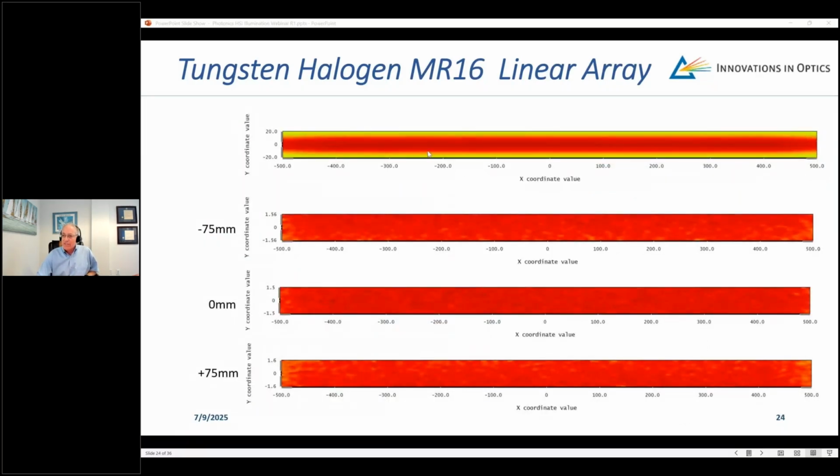The array of tungsten halogen lamps gives a nice, relatively uniform output, and you can see it works very well over this depth of illumination, primarily because the magnification of the filament gives you a fairly wide line, which means it's going to work over a fairly large range of depths.